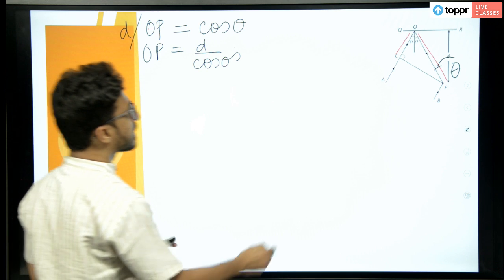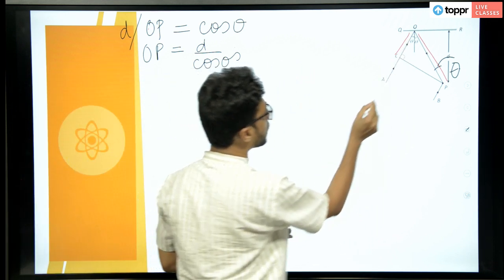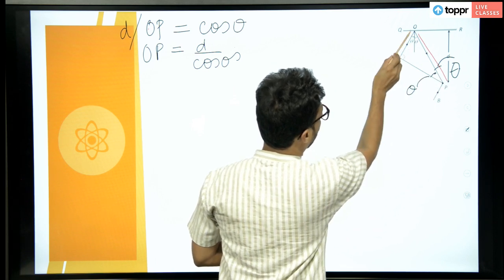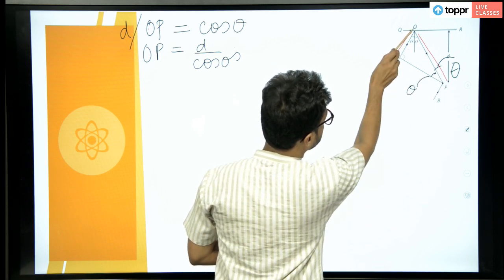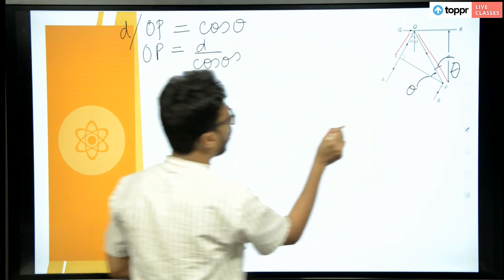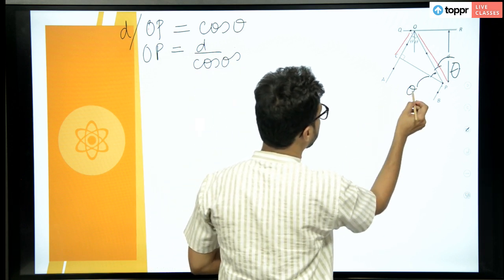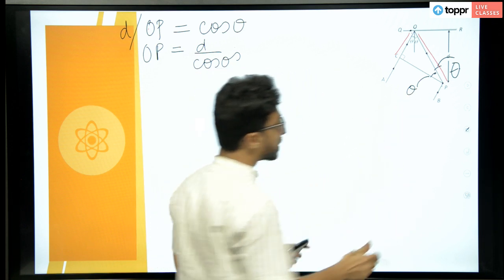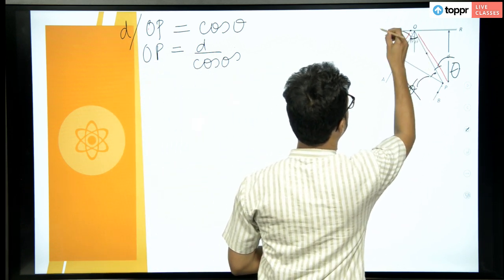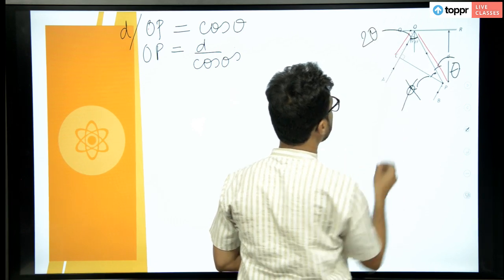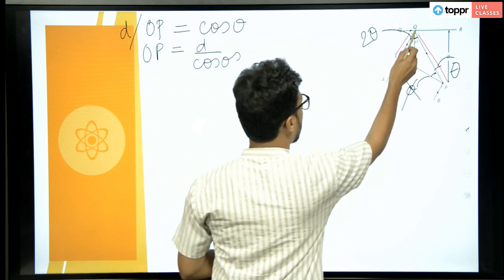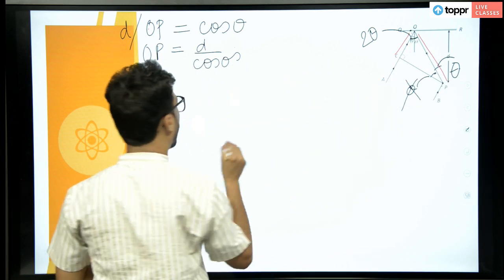Now if you look at CO, this angle is not theta, sorry, this angle is 2 theta, and this is OP, and CO is the projection of OP.